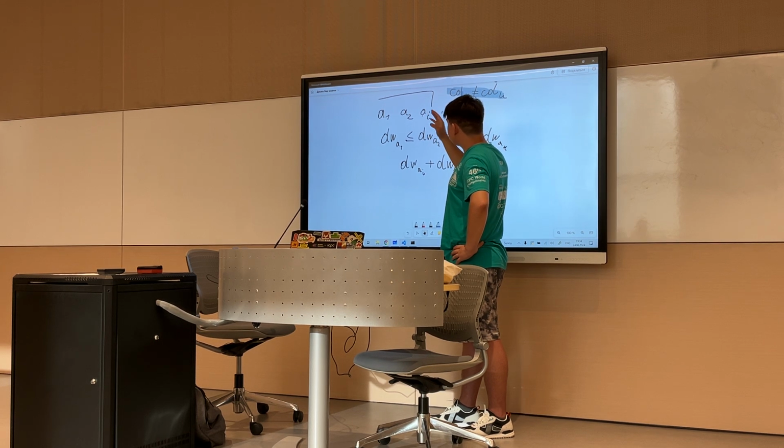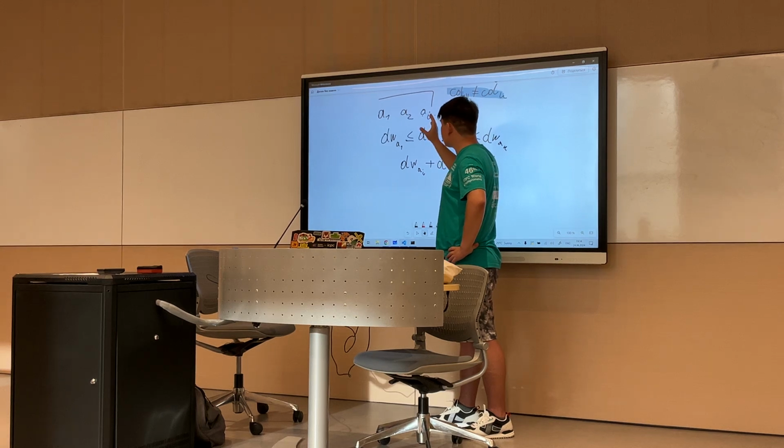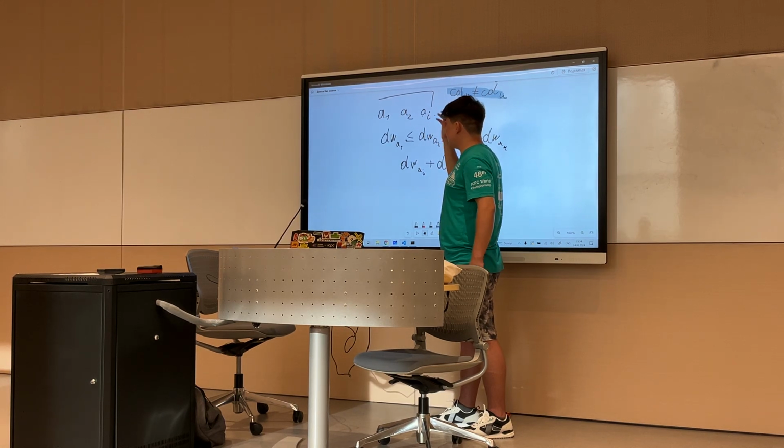We just keep the prefix where the requirement will be correct, and that prefix of vertices will be in the tree.